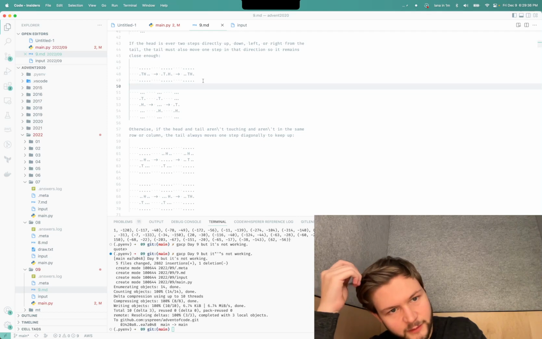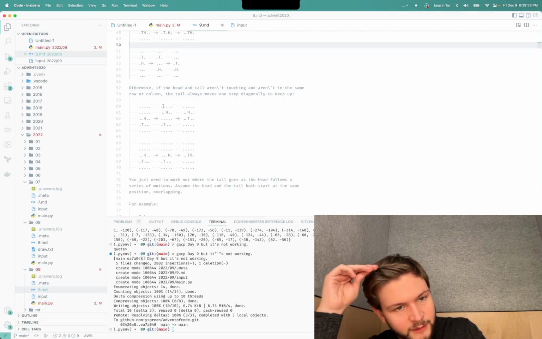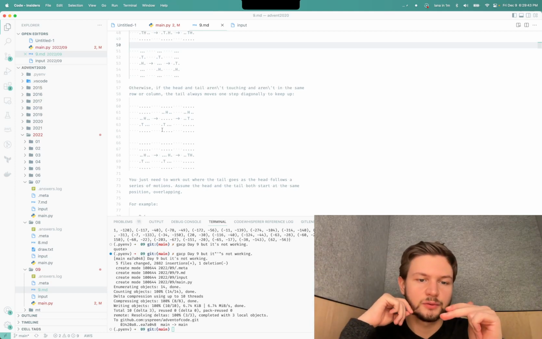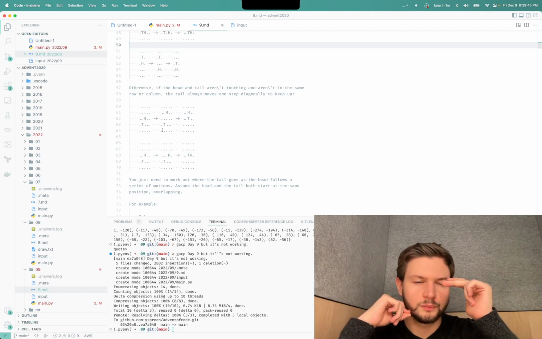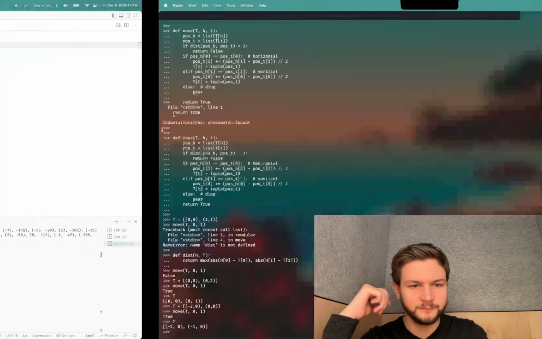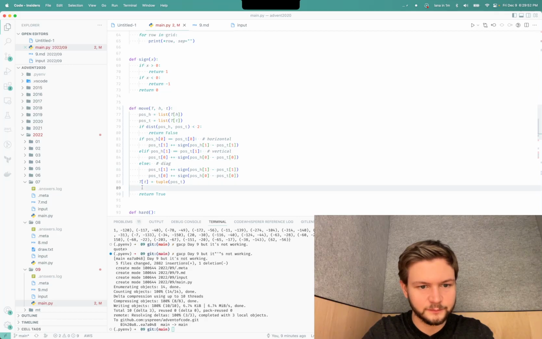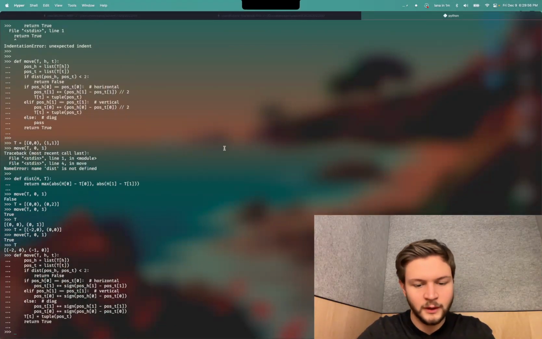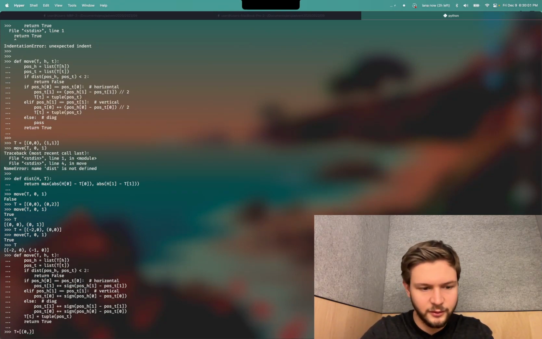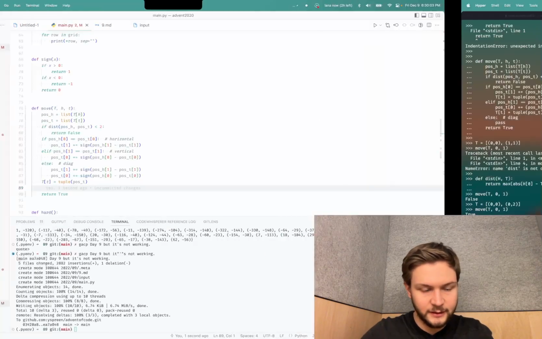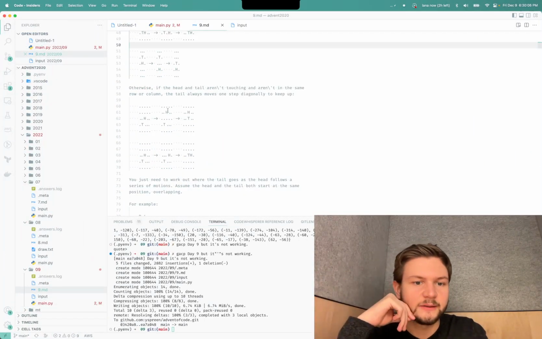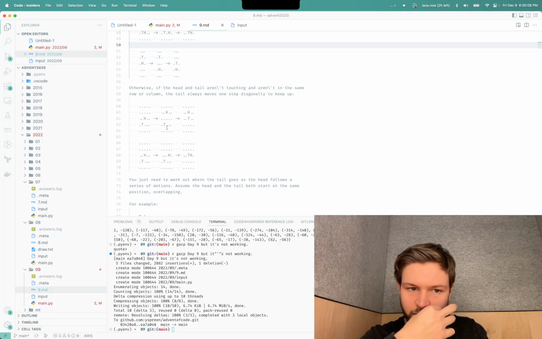So let's see if we got this correct. So if we have head at 0, 3, I guess we have to define this method again. Head at 0, 3, and tail at 1, 2, 2.